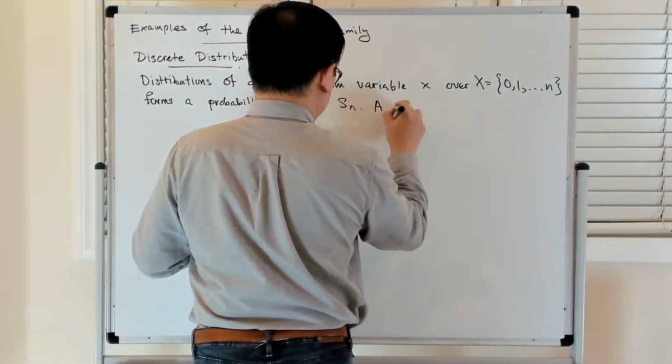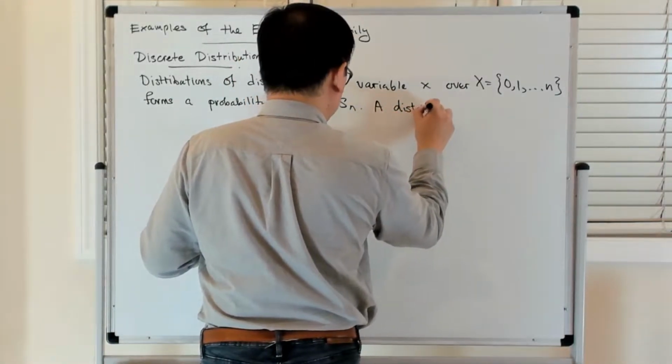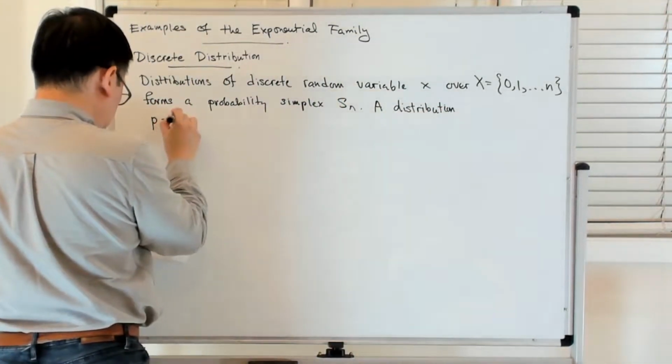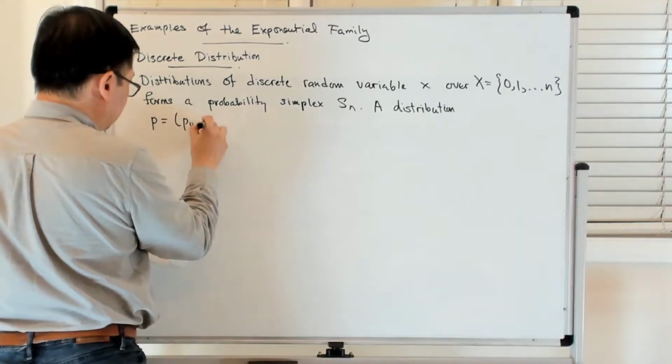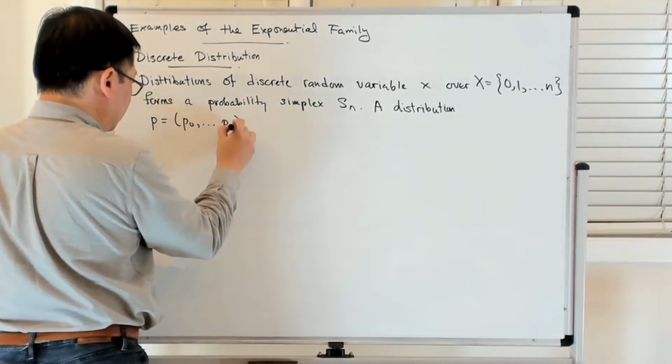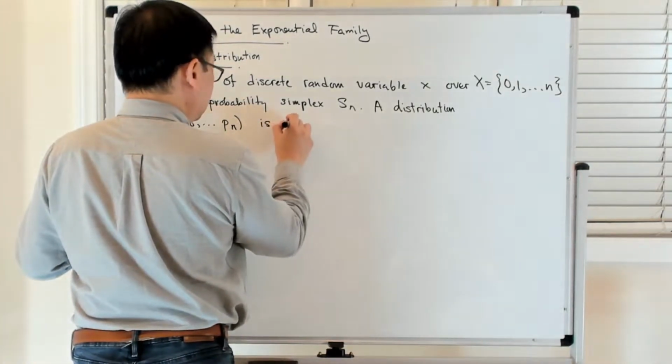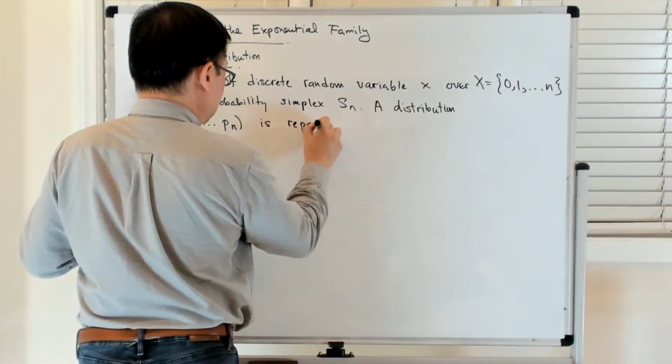And then a distribution P consists of a set of probability distributions, P0 to Pn, and is represented as follows.